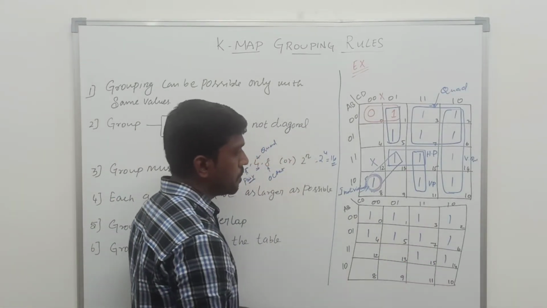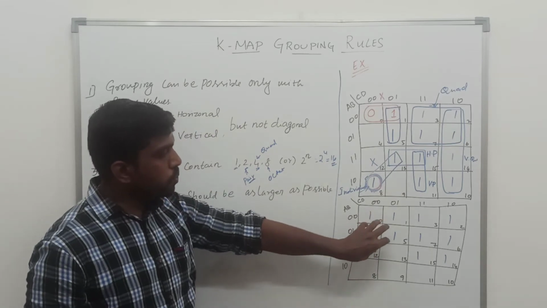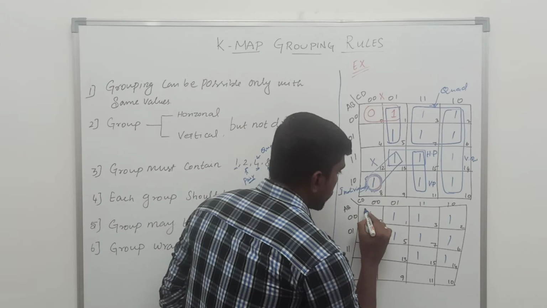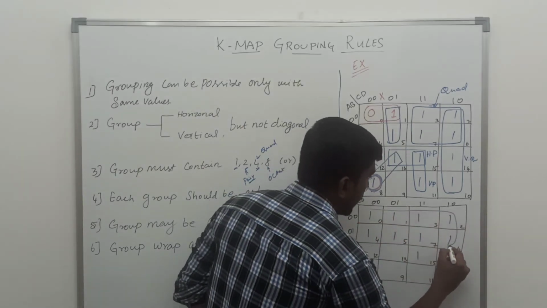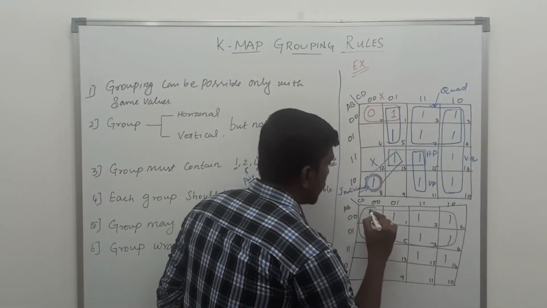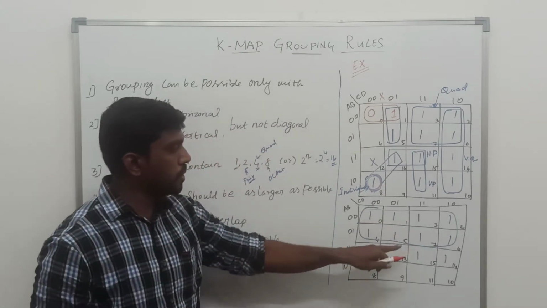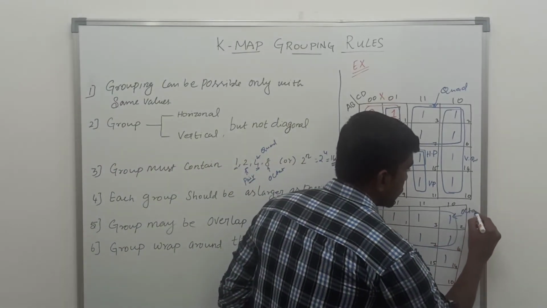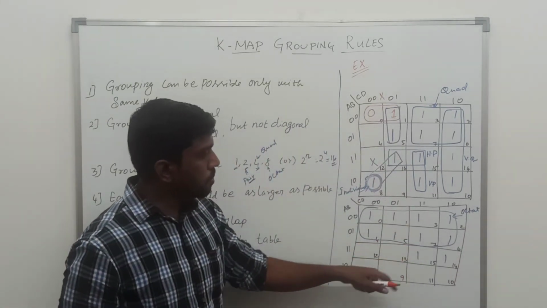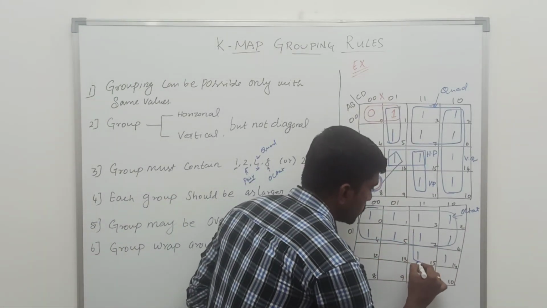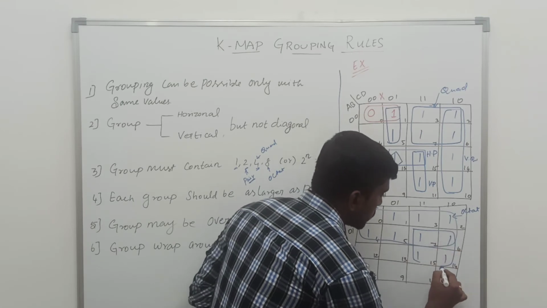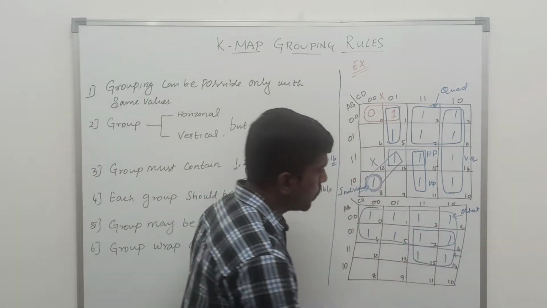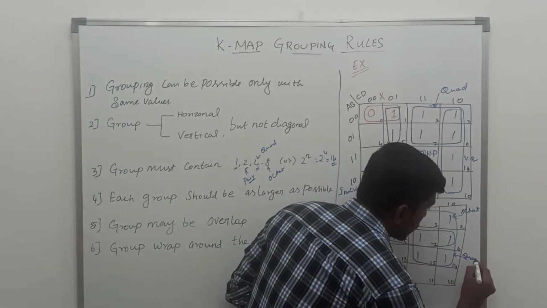In this problem, you can find which one is the maximum possibility of grouping. So here this 8 is the first maximum possibility of grouping. So it's called an octet. So the next possible grouping, this 4. So this 4 is the next level. 8, next one 4. It's called a quad.